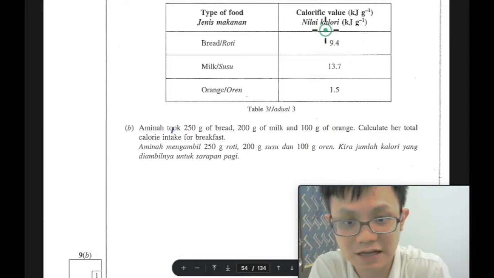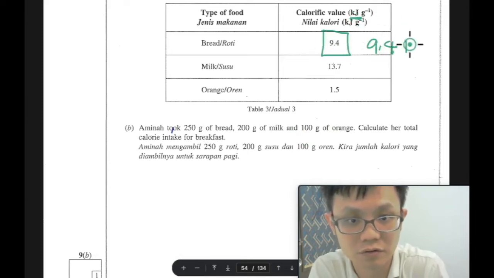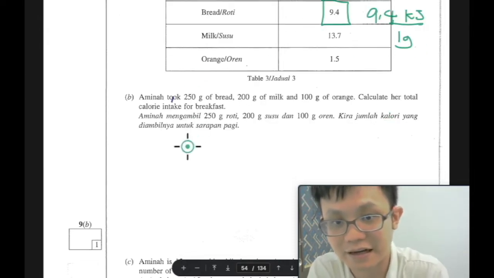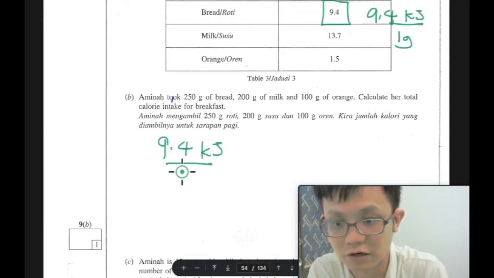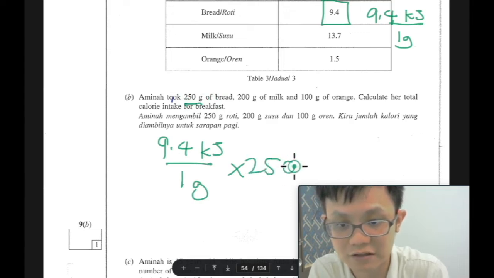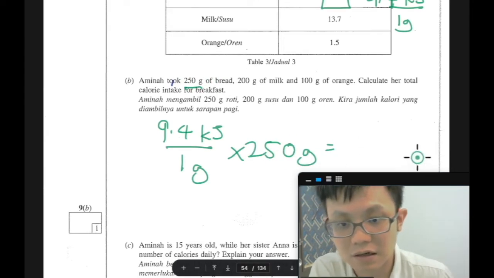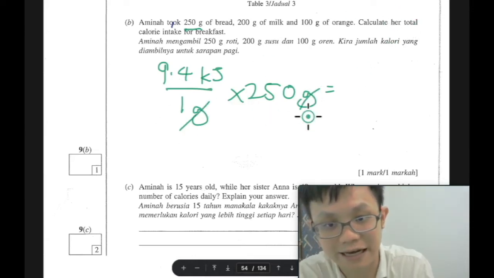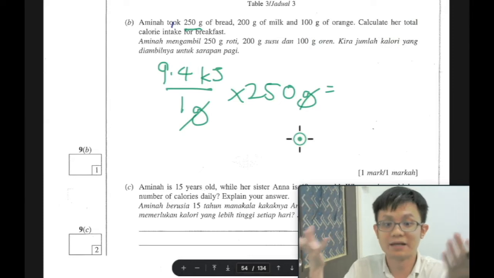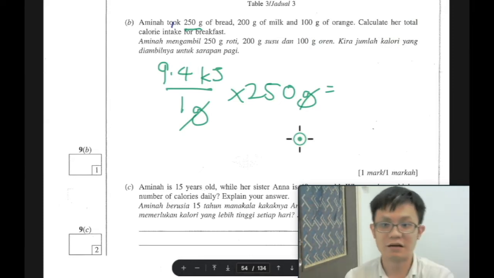Okay, this 9.4 I can write like this: 9.4 kilojoule over 1 gram, times 250 gram. In terms of algebraic expression, the g and g you cut, because it's division.